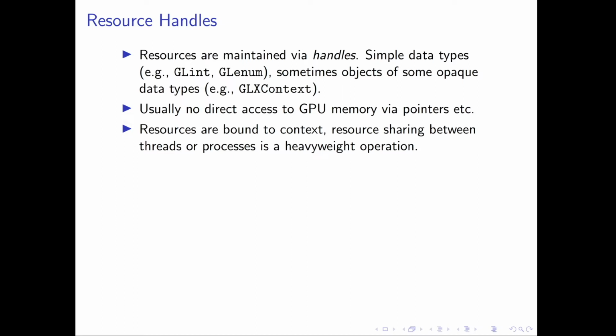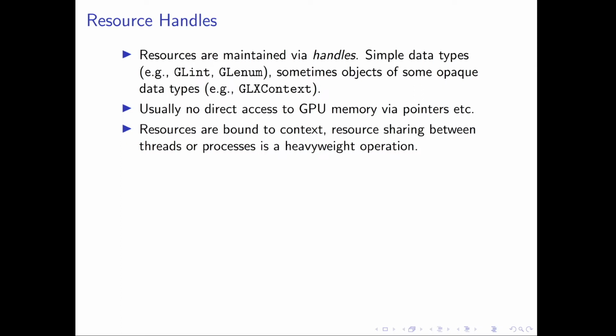But usually you don't have that, but instead you have resource handles, and you can access those resources via their role. You don't really access memory with the knowledge that a certain region of memory stores a buffer, but instead you directly access a buffer via its resource handle.